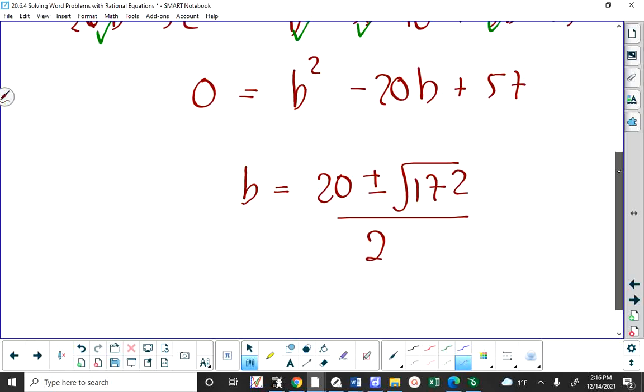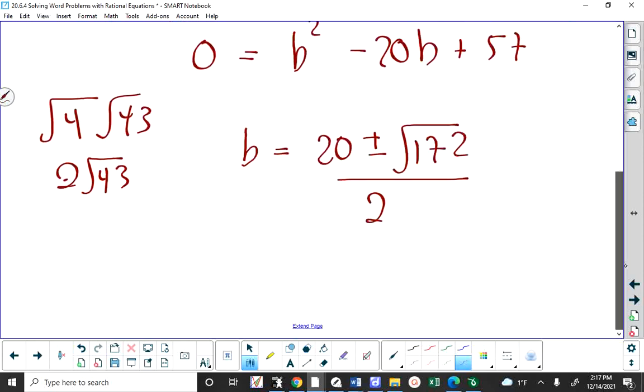So if I wanted an exact value, I suspect 4 divides into this 43 times. So I would think of that as root 4 root 43, which would be 2 root 43.